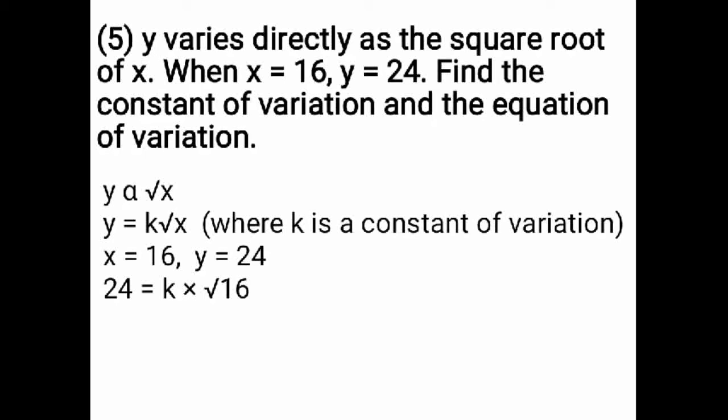In place of y, I have taken 24. K value I have to find, which means constant of variation. In place of square root of x, I wrote square root of 16 because x value is given 16, y value is given 24. I have substituted the value according to this formula.